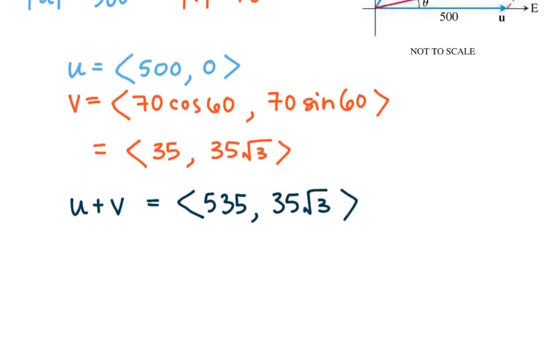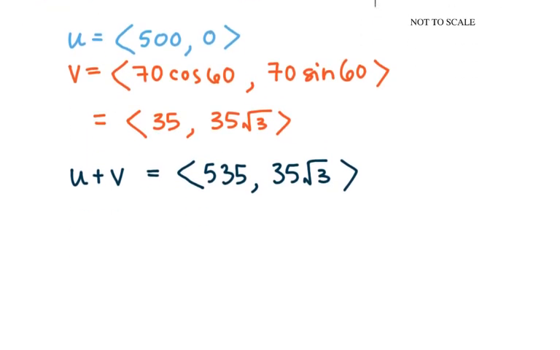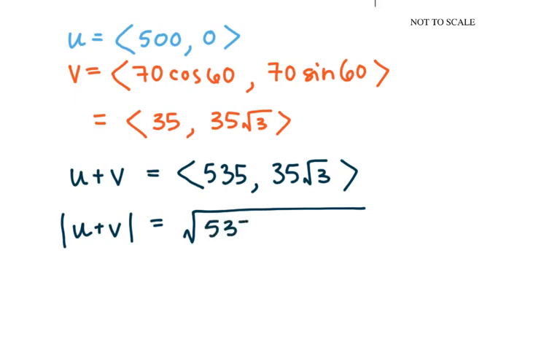Now, the magnitude of U plus V is the square root of the sum of the squares of each component. So I've got 535 squared plus (35√3) squared. And this isn't a nice clean number, so I'd type that into my calculator, and I get 538.4.